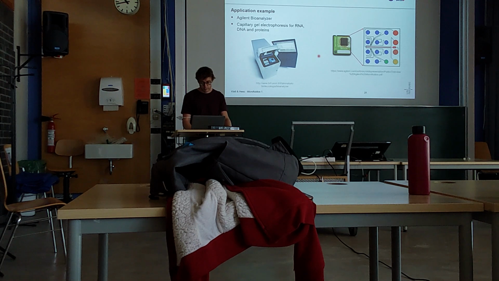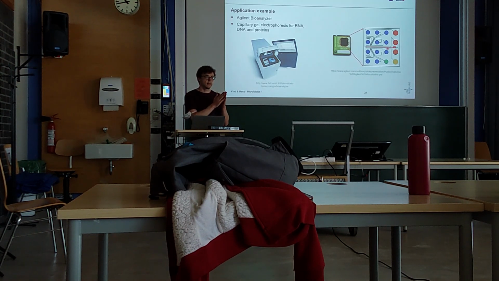So this is one of the first microfluidic chips that really was commercially successful. It's from Agilent. It's quite a simple system or chip that you can see on the right hand side. So you have some wells for the samples, which are the blue ones and the green one, and you have some other wells for a gel. And what you do in this chip is a gel electrophoresis.